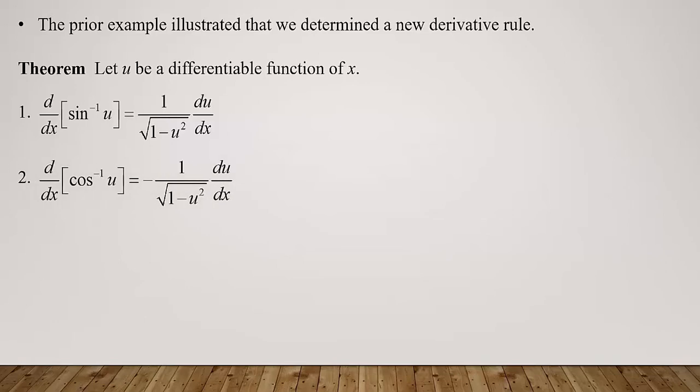The derivative with respect to x of inverse cosine is just the negative of 1 over the square root of 1 minus u squared du dx. Number 3, the derivative with respect to x of inverse tangent u is 1 over 1 plus u squared du dx. So we have some new derivative rules here, folks. We should probably practice them.